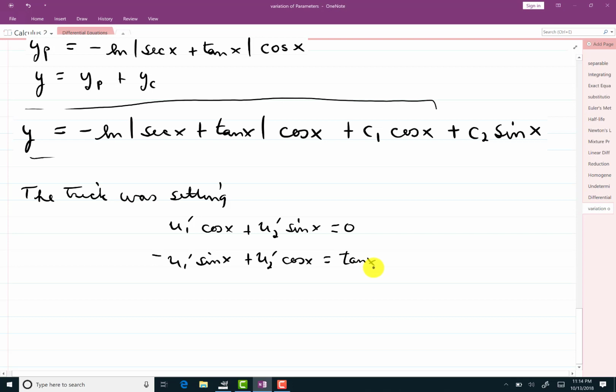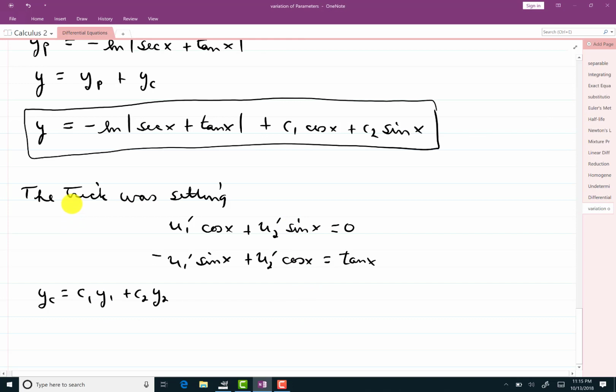Well, let's look at our functions once again. If y sub c was instead called c1 y1 and c2 y2, what we have here is cosine, and then we have its derivative. We have here sine, and then we have its derivative.